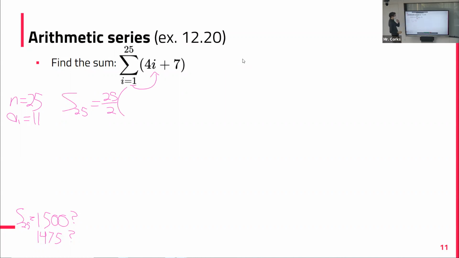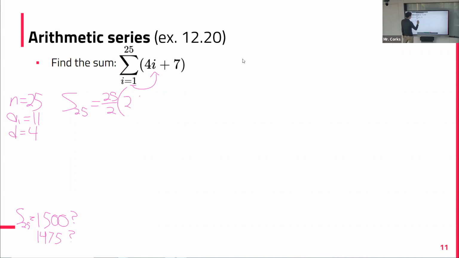And then we have our 2 versions of the formula. We could figure out the 25th term, or we could figure out our d value. We can see what the d value is here. 4. Okay. So seems like we can just use that directly.